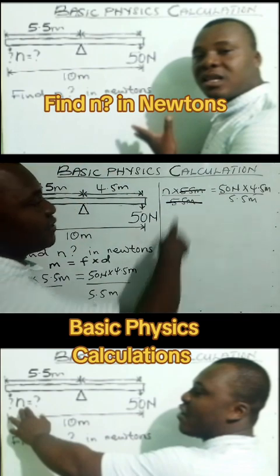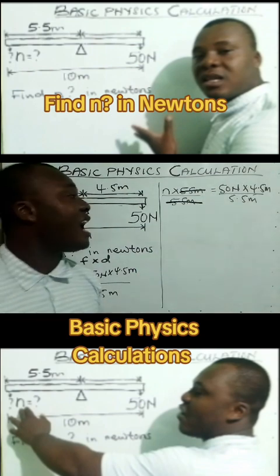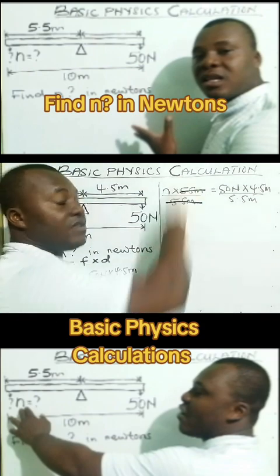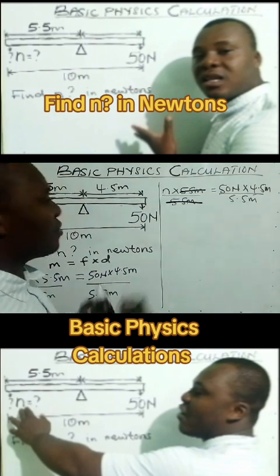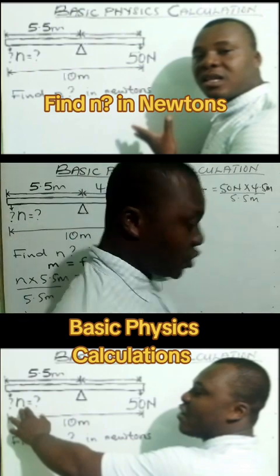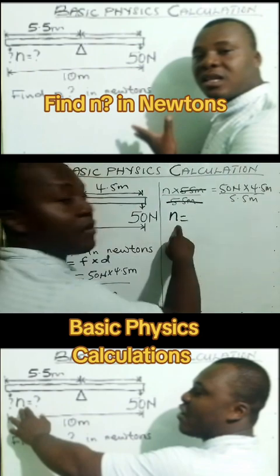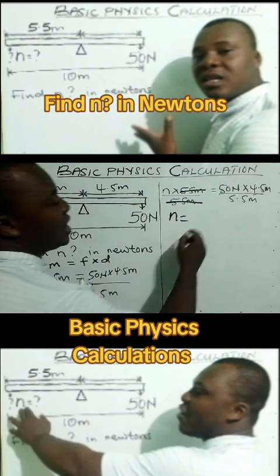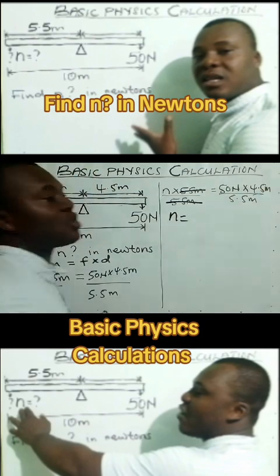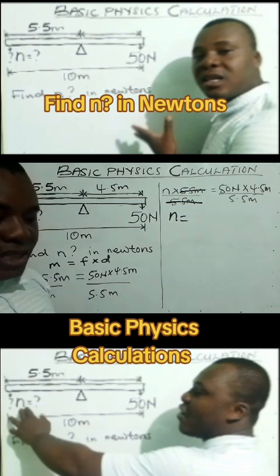What it means is that 5.5 meters divided by 5.5 meters is the same as 1, and a number divided by itself is 1. So we are left with the subject n, because that is what we are looking for. The question says find n. So now we have n remaining, equal to 50 Newton times 4.5 meters.